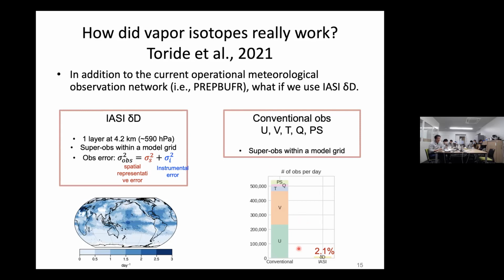And in total, compared to the conventional PREPBUFR observations, the observation number added is 2.1% of the data. So it isn't that much.